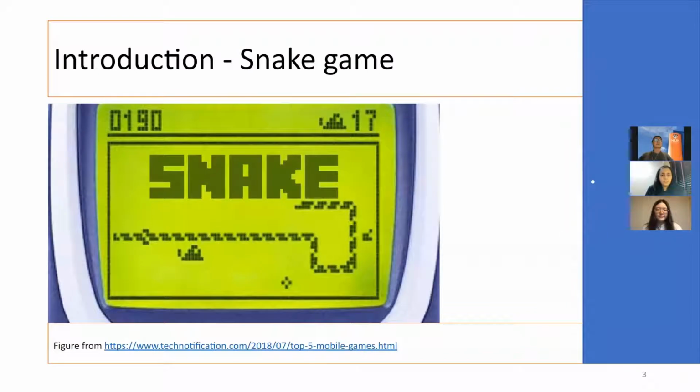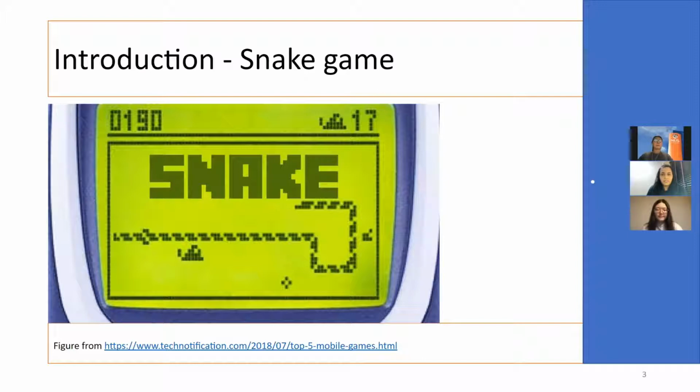So moving on to the introduction, I believe this picture would give all of you a lot of nostalgia. This is a game that we sort of grew up playing. And if someone is not familiar with the game, I can describe what it is. So basically, there is a square or rectangular grid, and there is an agent, a snake-like agent that has to navigate that grid and eat up the fruits in that grid to gain more points.